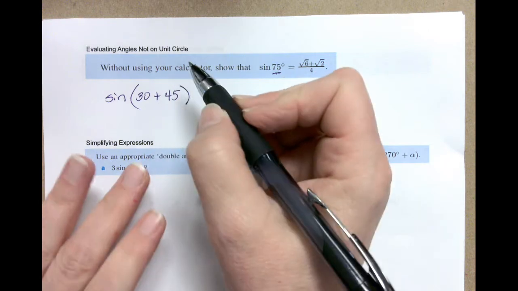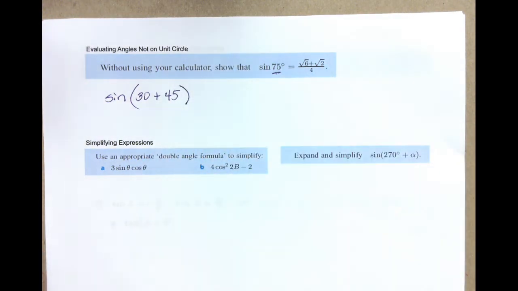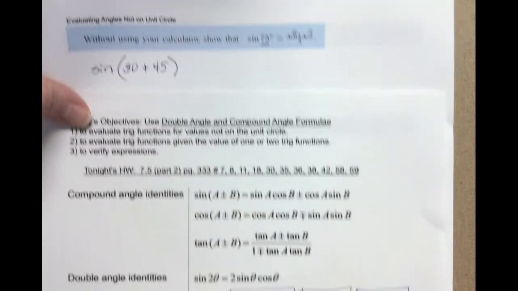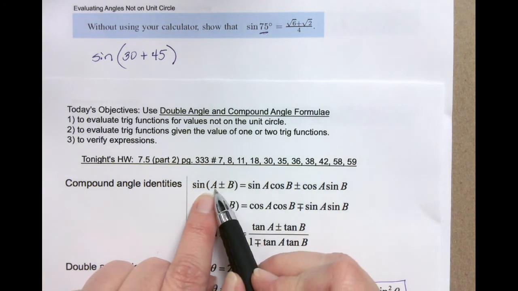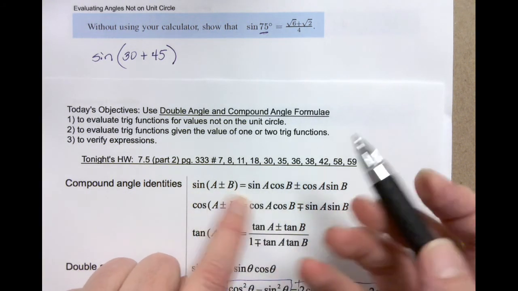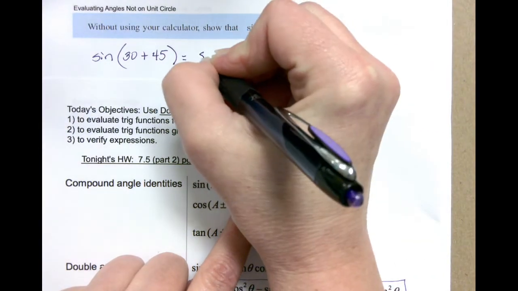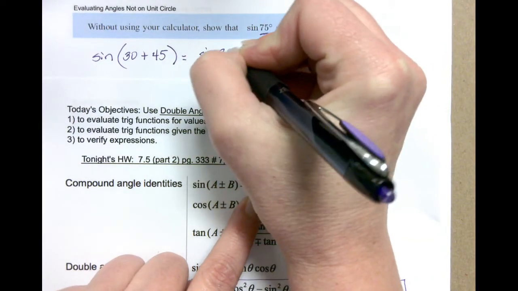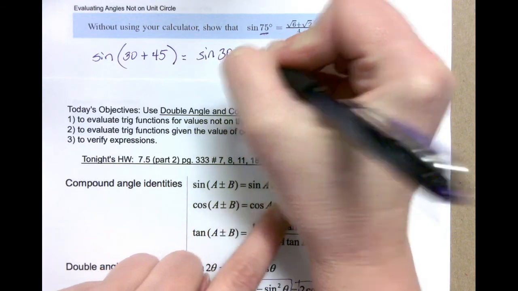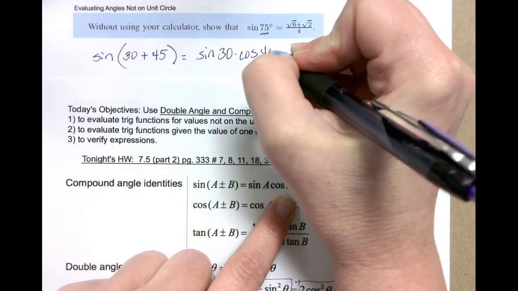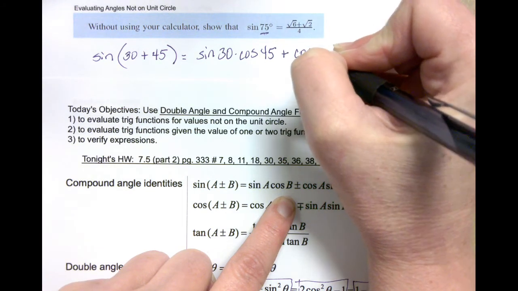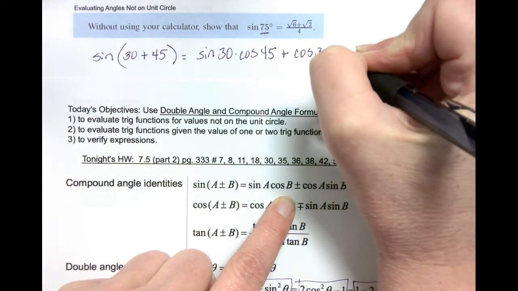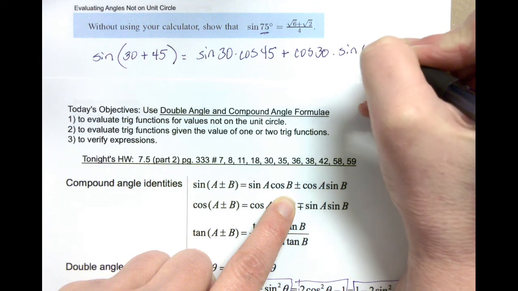Anyway, now I am using my formula right there on your sheet. So the sine of 30 plus 45 will equal the sine of 30 times the cosine of 45 plus the cosine of 30 times the sine of 45.